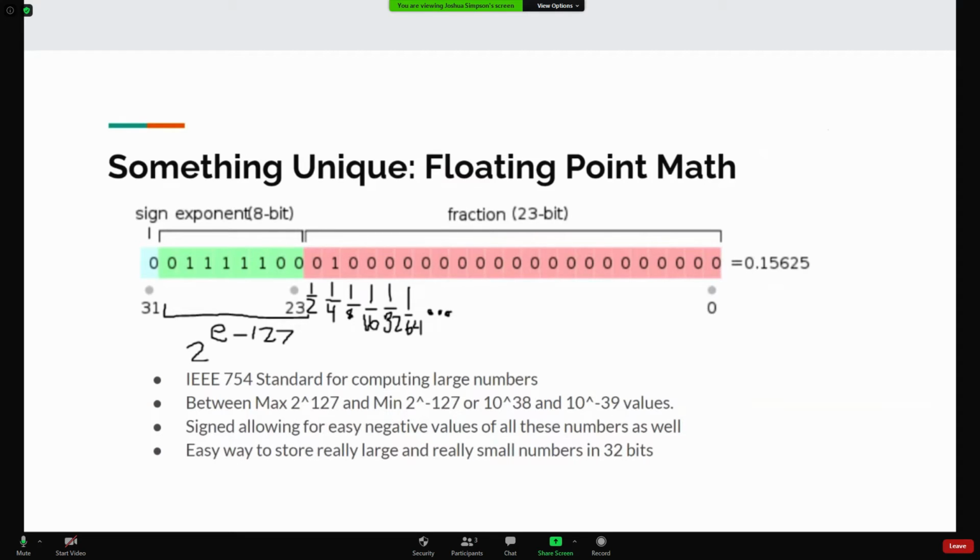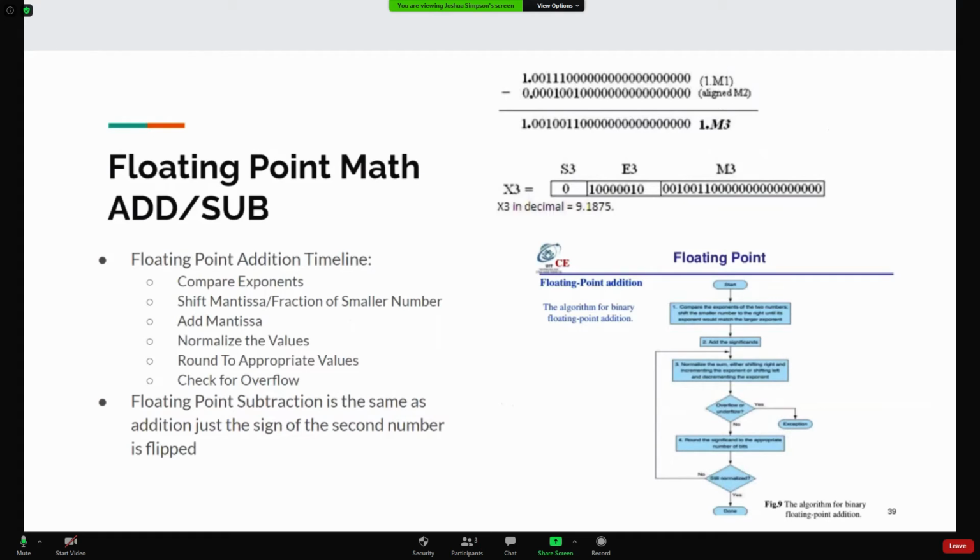So moving on to the math that is done with floating point, we can begin with add and subtract. They're a little complicated with floating point math because there's an exponent, a sign, and this mantissa fraction.